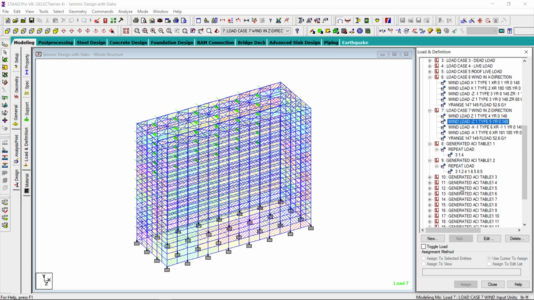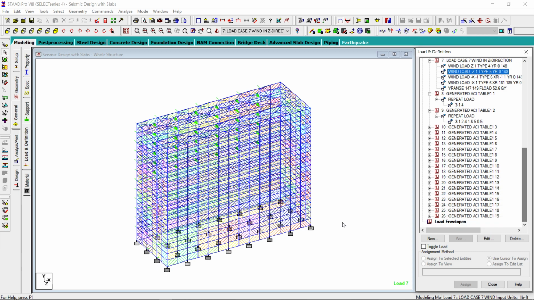In the book, the combination was 1.4D plus 1.7L, whereas here it is 1.2D plus 1.6L, and with the wind also 1.6. So I expected that the result will be slightly lower, but that's okay.